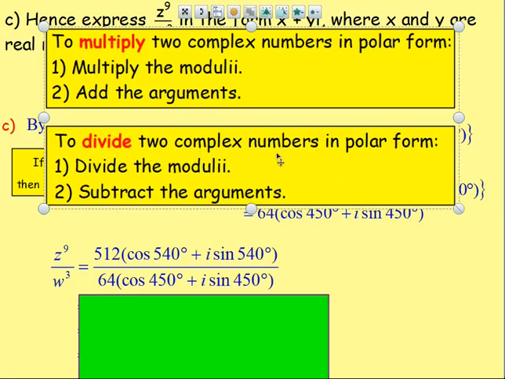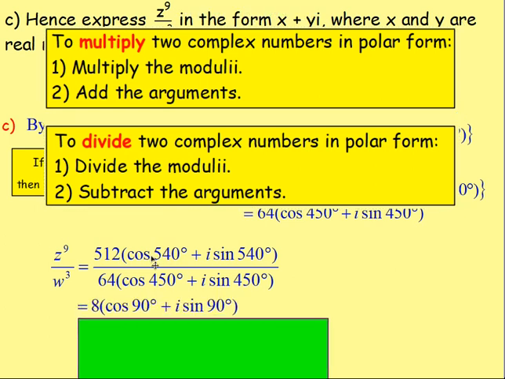When we're dividing our complex numbers in polar form, we divide the moduli and we subtract the arguments. So 512 divided by 64, what would it be? 8. Perfect. And with the arguments, you'd have 540 take away 450, which works out to be 90.